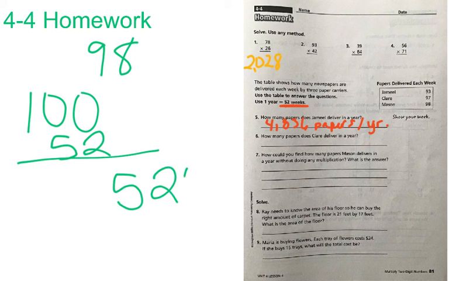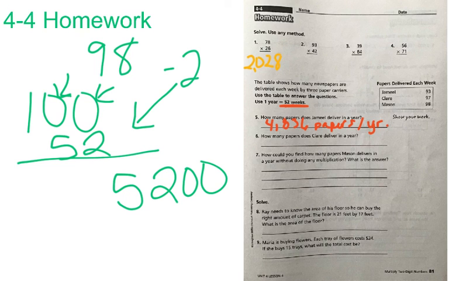I just know that it's 5,200 because I just bring down the 2 zeros. And then all I'd have to do would be subtract 2 for those weeks. I know that 52 plus 52, because I did 2 for each week, is going to be 104.